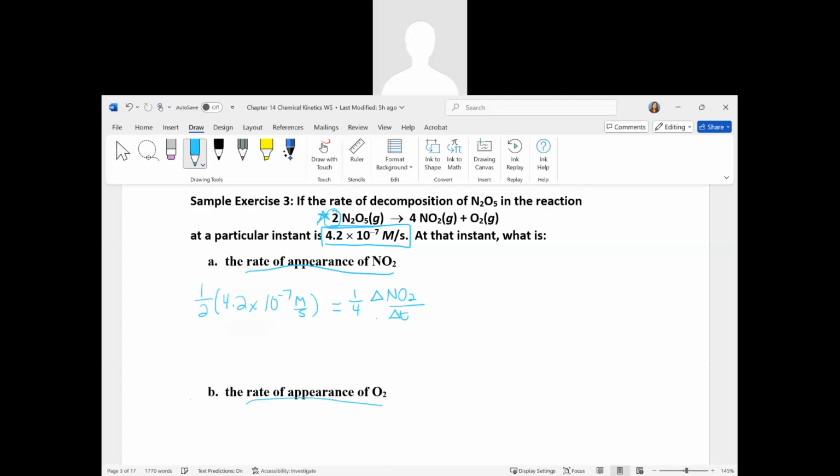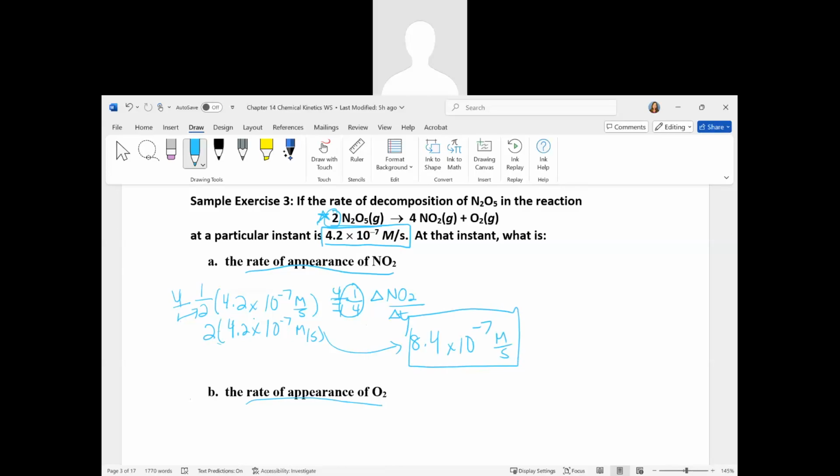If I cross multiply, this ends up just being 2 times the value given. So we can shortcut that and say that 8.4 times 10 to the negative 7 molar per second would be the rate of appearance of my NO2.